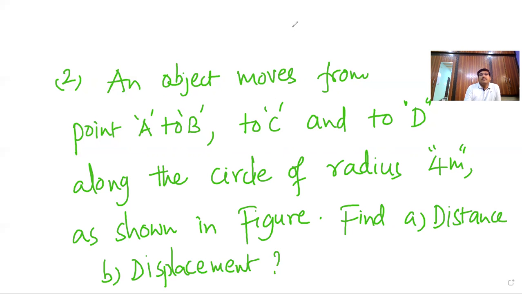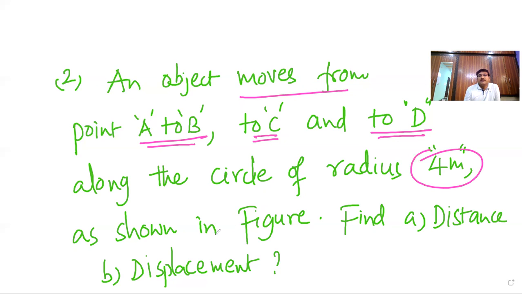Read the problem carefully. Object is moving A to B, then to C, then to D. Okay? Along the circle of radius 4 meters, as shown in the figure. We require the distance as well as displacement.